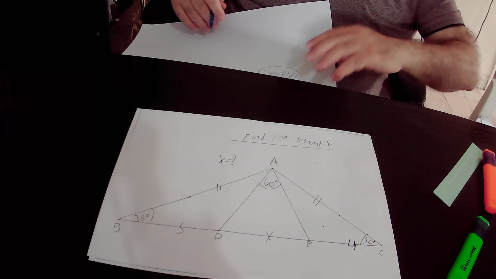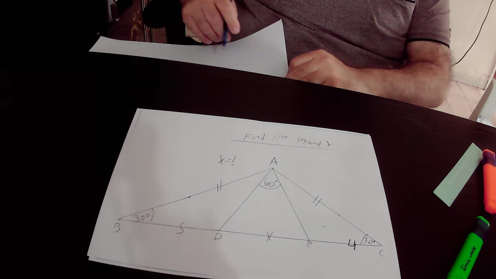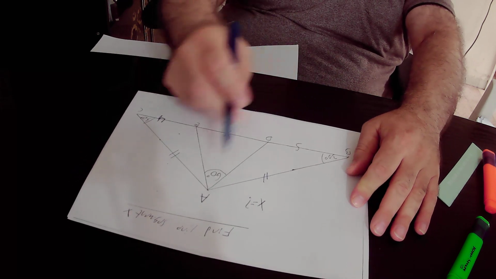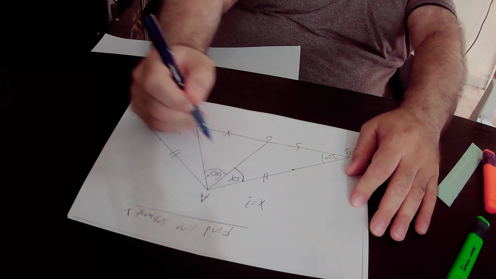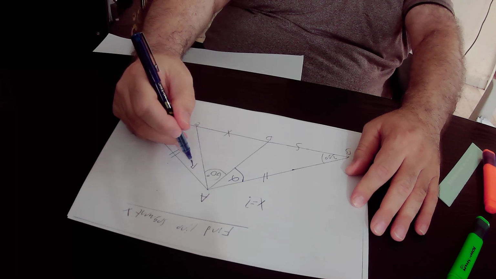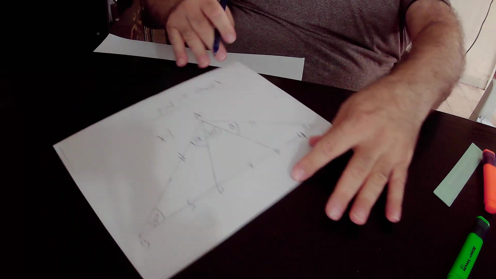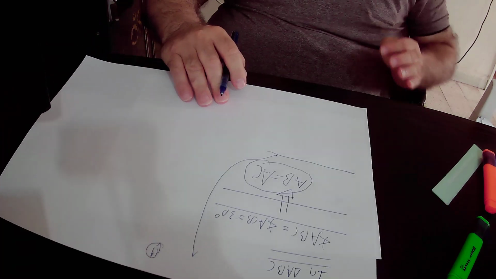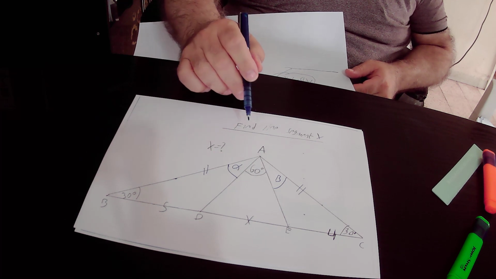In the next step, we define angle BAD, this angle, as alpha. We define angle EAC, this angle, as beta. And we know that the sum of the angles in any triangle is equal to 180 degrees, and especially the sum of the angles in triangle ABC must be equal to 180 degrees.